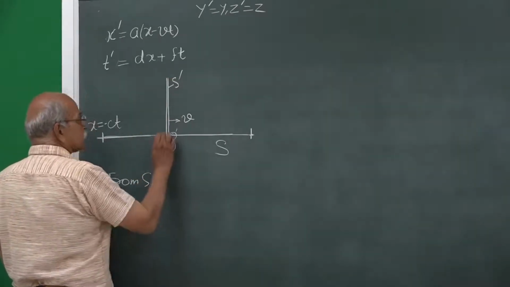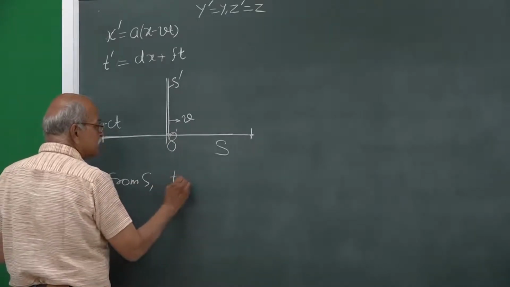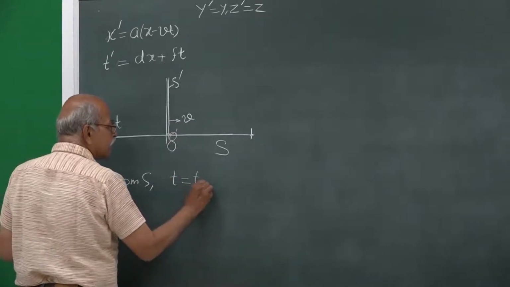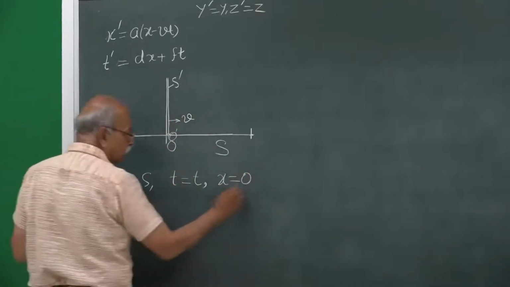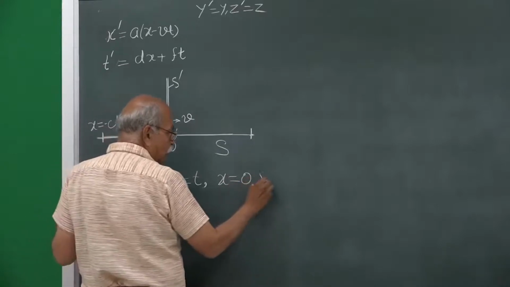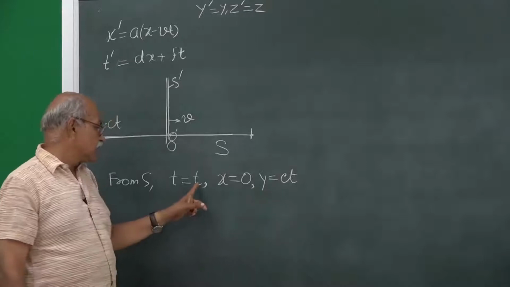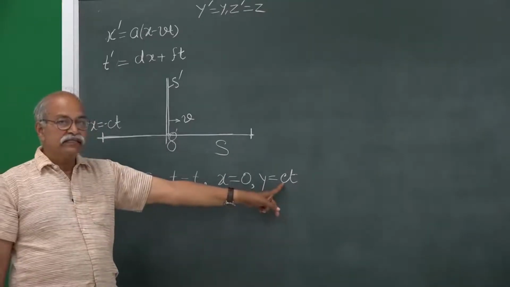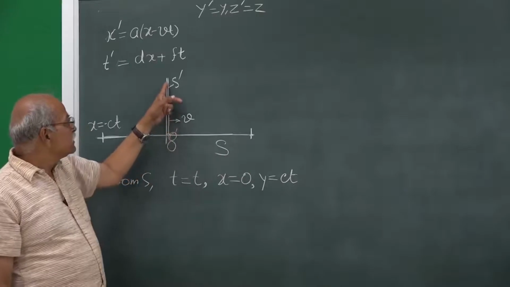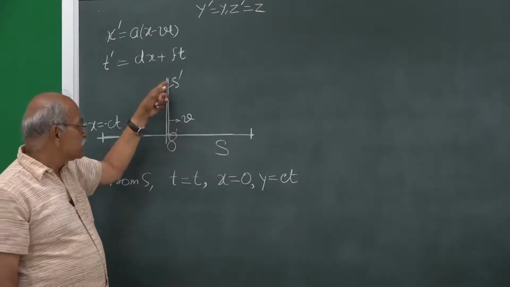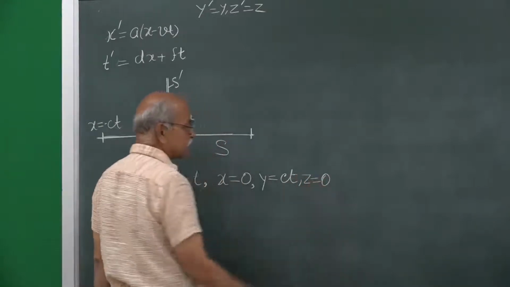So, radiation is going along y axis. So, time is t and the location is x is equal to 0, it is going along y axis. Then y is equal to c t. In t time the radiation will travel this distance c t. So, along y axis it is travelling a distance c t. So, the y coordinate is c t, z coordinate is 0. That is the event.